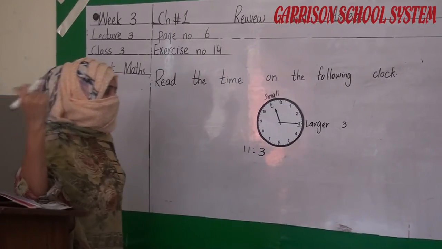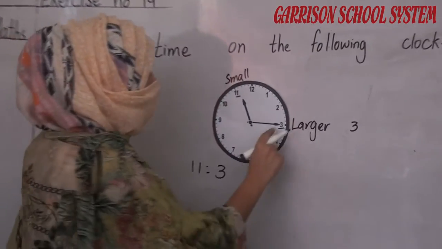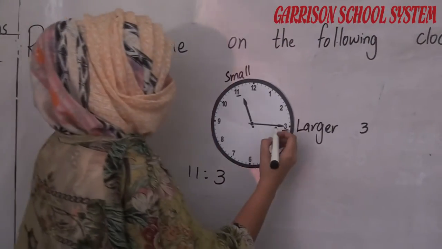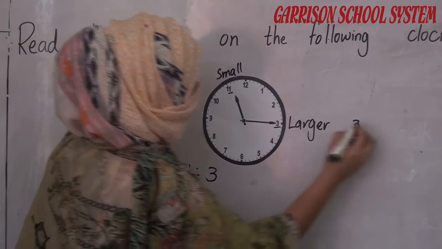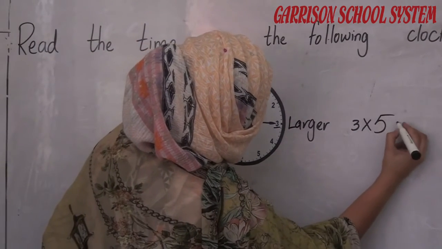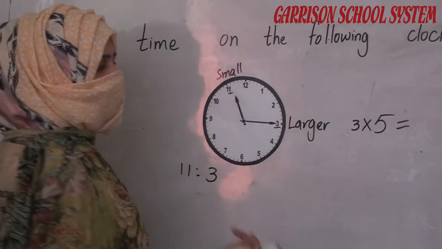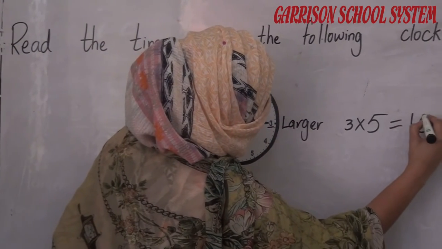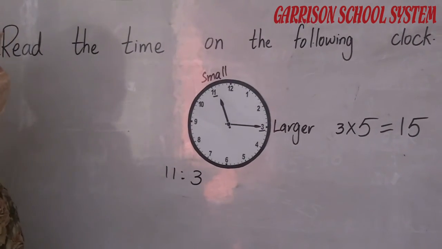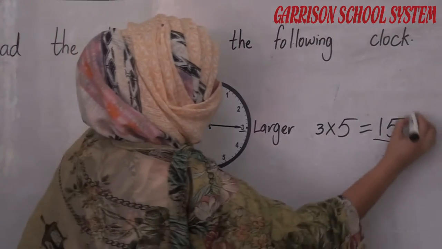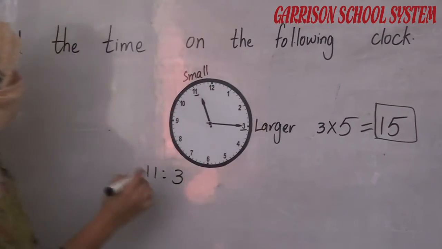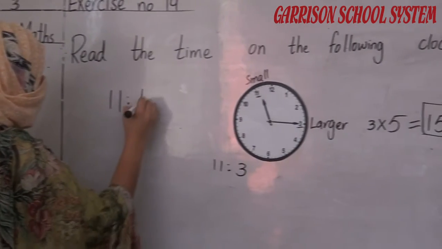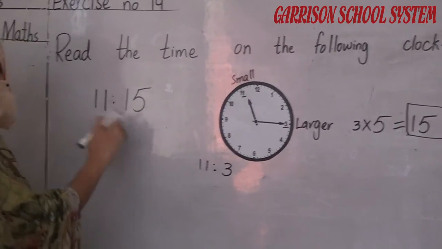What I have told you, you have to multiply this number by the 5, by the table of 5. So we have to multiply this number 3 by the table of 5. So what number will we get? 3 5s are 15. So these are our minutes. 3 5s are 15. So hour is 11 and minutes are 15. 11:15 is our time.